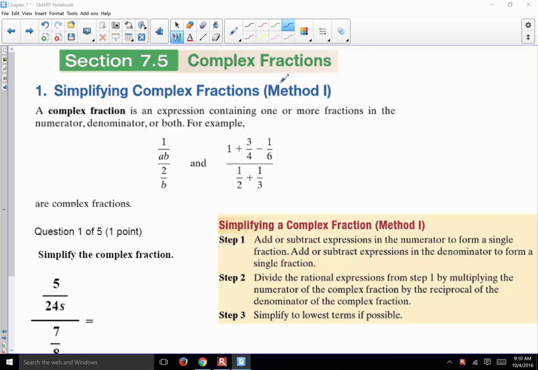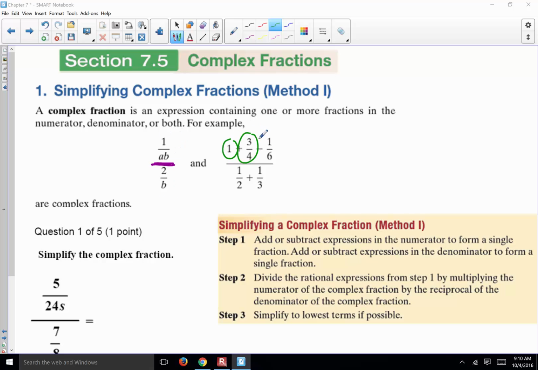We further computed rational fractions, and basically this is called a division of rational fractions. You see some fractions on the top and on the bottom, but they weren't usually a single fraction on the top or bottom.